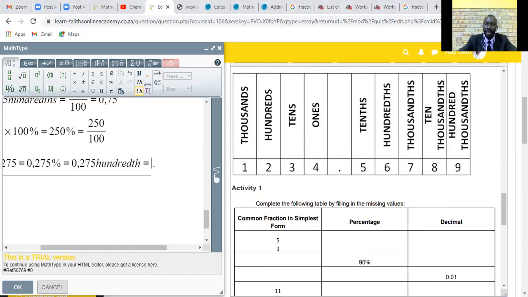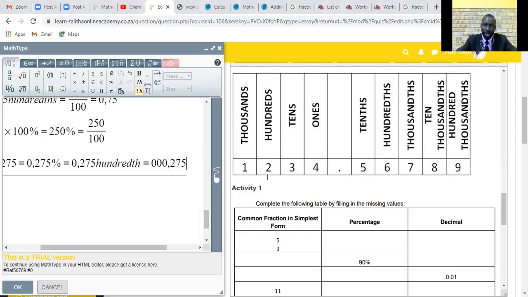We don't have any other number, so let's just put some zeros there. Then we have a decimal point, then we have 275. So it's like we have to divide by 100, and we are using this 0 as our reference point. For example, for a 6 to be considered a hundredth, the decimal point must be 2 steps onto the left.